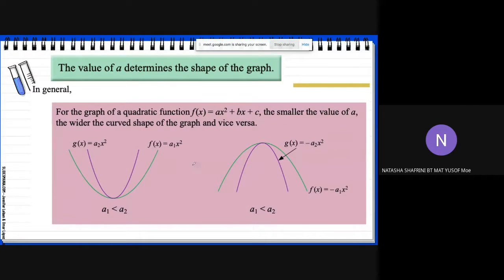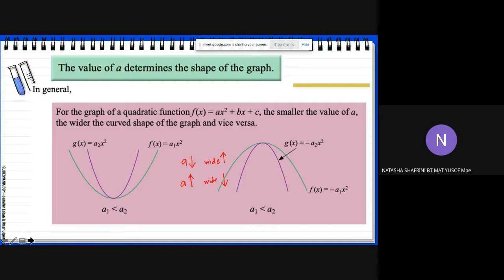Kalau A lagi kecil, dia punya Y lagi besar. Kalau A dia kita tingkatkan, dia punya Y tu akan lagi kecil. Dia akan lagi narrow lah. Okay, clear?